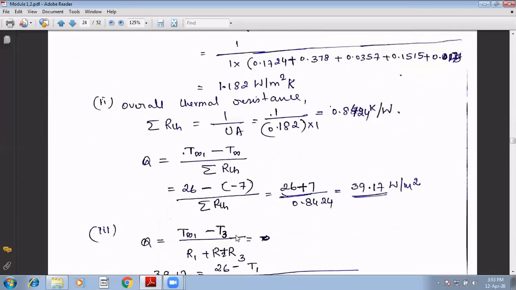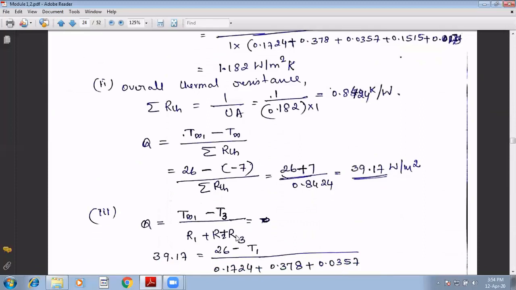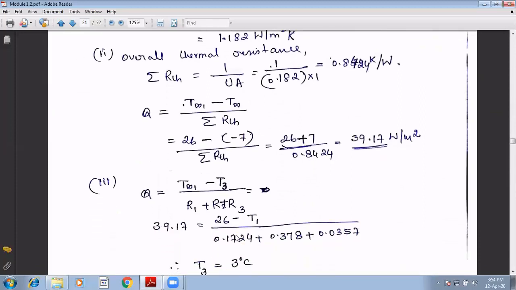The unit is watt per meter square Kelvin. Next, overall thermal resistance is 1 over U. If you do that, you will get 0.8424. Then heat transfer he has asked: total temperature difference divided by total resistance.